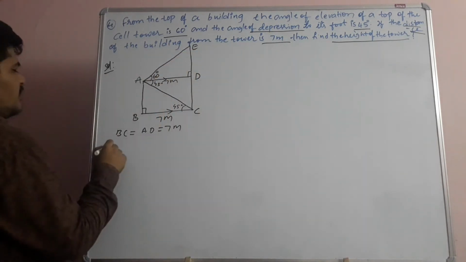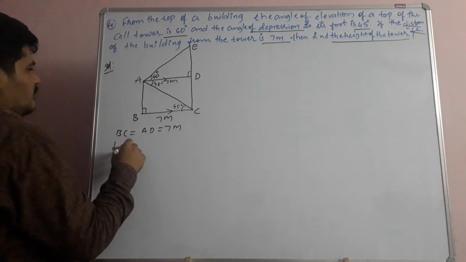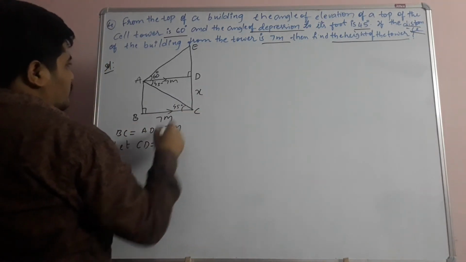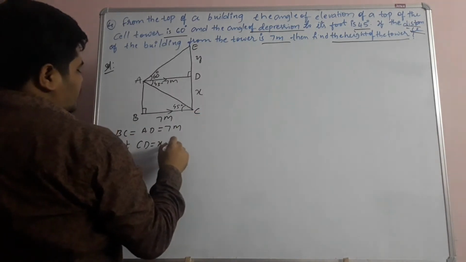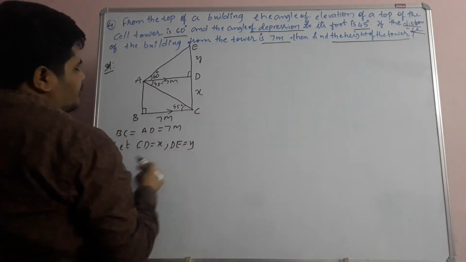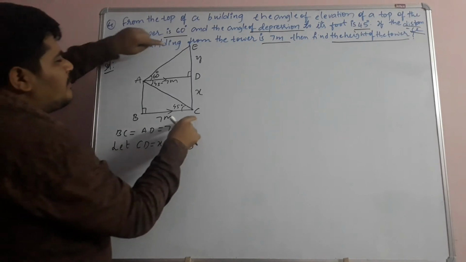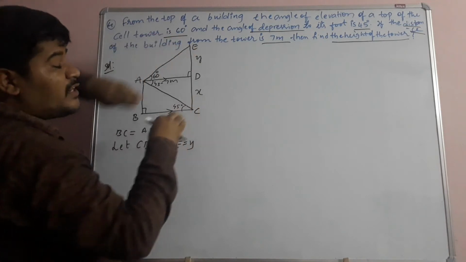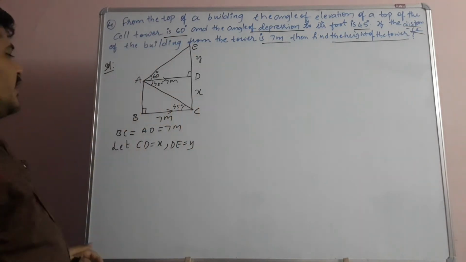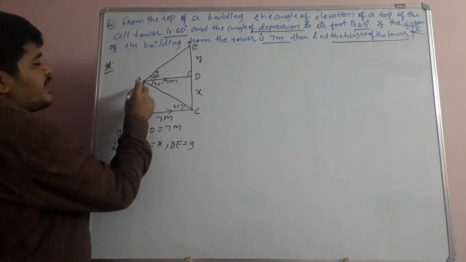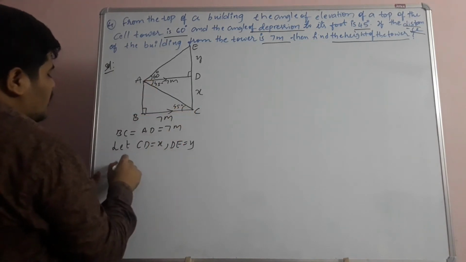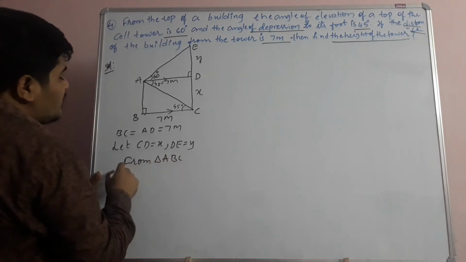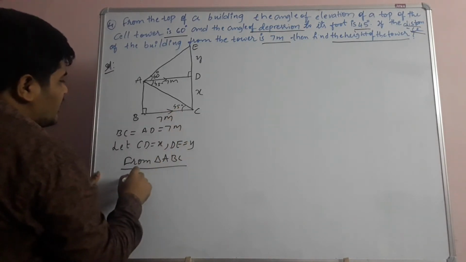So let CD be equal to X and DE be equal to Y. Children, the height of the tower is nothing but X plus Y. So we are going to find the height of the tower. First I will take triangle ABC. From this triangle, 45 degrees is there, children.